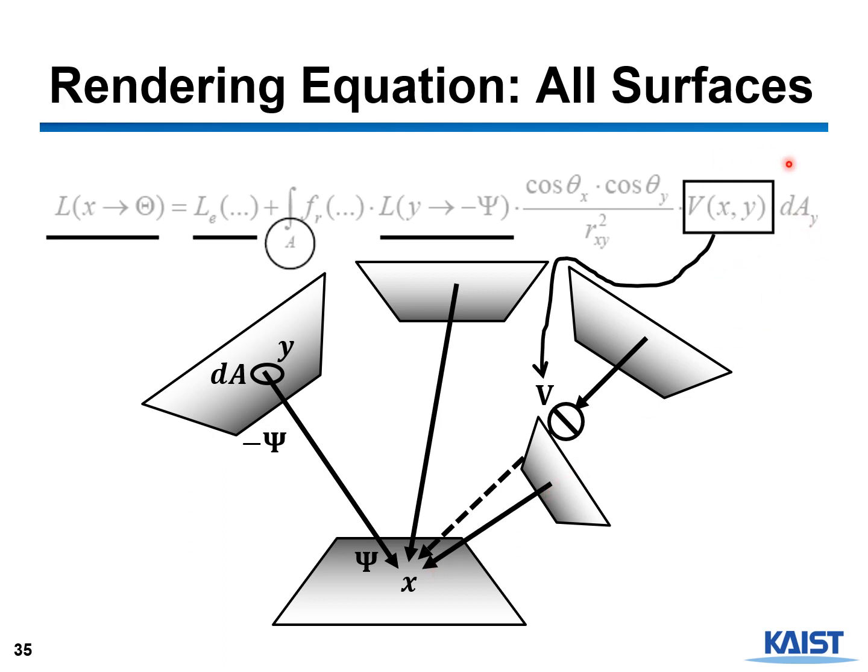By introducing this visibility function V, we can integrate everything over the surfaces. Then there is cosine theta x, cosine theta y divided by the squared distance from x to this point, and this is the BRDF, and this is the radiance value from y in the direction of psi. So this is the rendering equation in the area formulation.